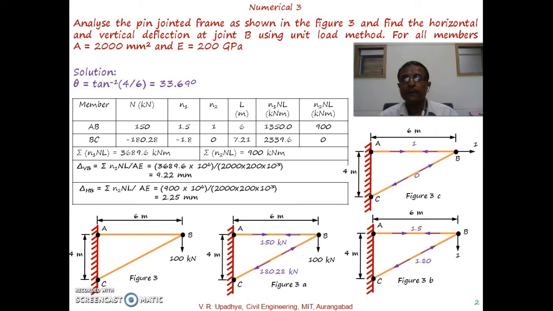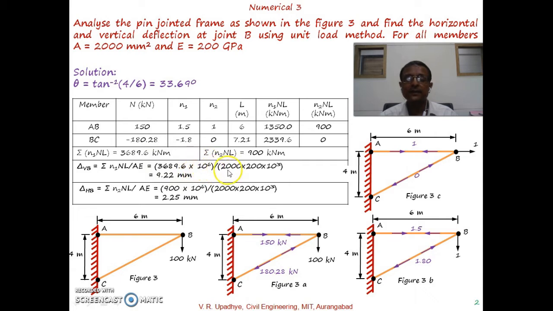The area of cross section for both members is 2000 millimeter square, and Young's modulus is 200, as given. Here this summation n1 N L value 3689.6 is in kilonewton meter, because capital N is the internal member force due to externally applied force, so it is in kilonewton and length is in meter. You need to convert it into Newton millimeter by multiplying it by 10 to the power 6.